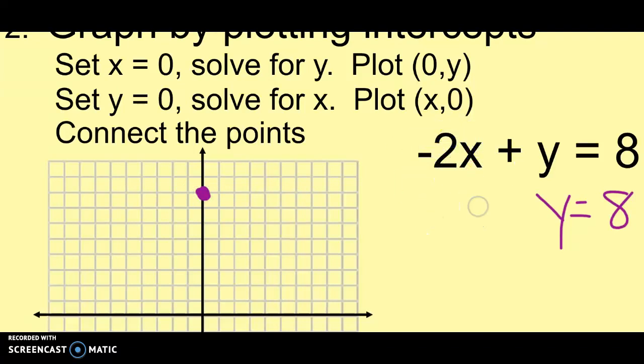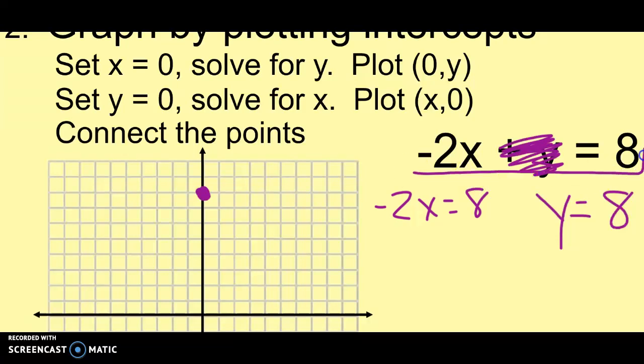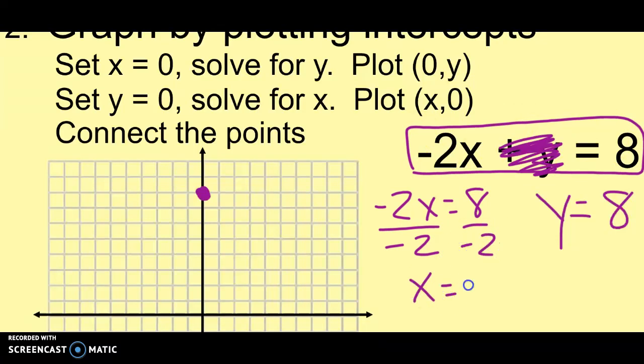Then if you set your y equal to 0, -2x plus 0, you don't really have to worry about that 0. So you do -2x is equal to 8. So we're basically taking this equation and turning it into something that we can solve. -2, so x equals -4. So our x-intercept is -4.